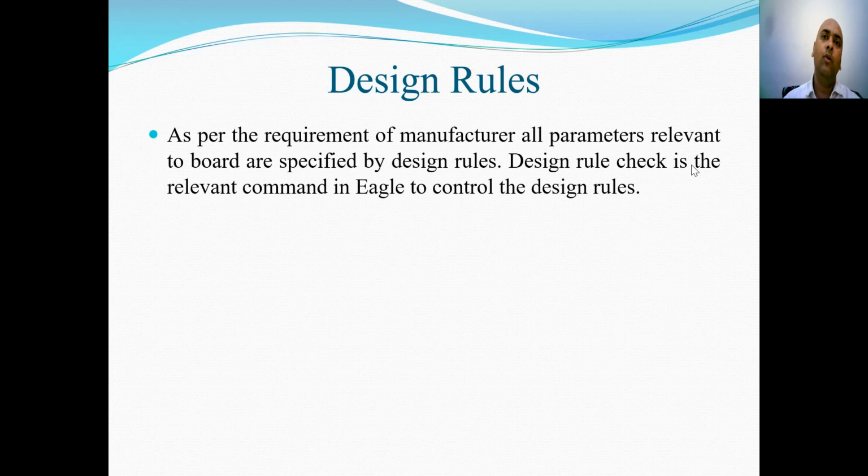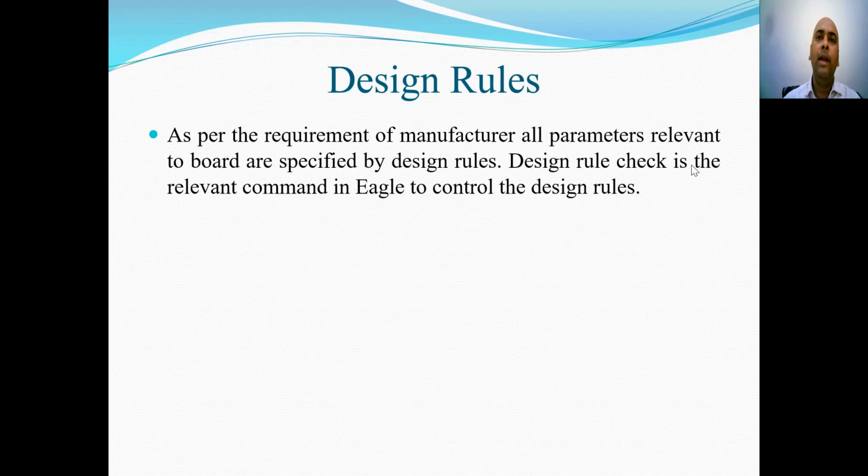The next folder is design rules. Every manufacturer has some capabilities in terms of fabricating the PCB. The capabilities include the width of the trace, the distance between the traces, the distance between trace and wire, the wire diameters, and so on.